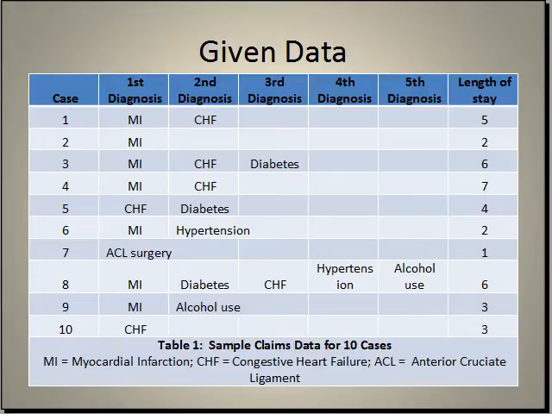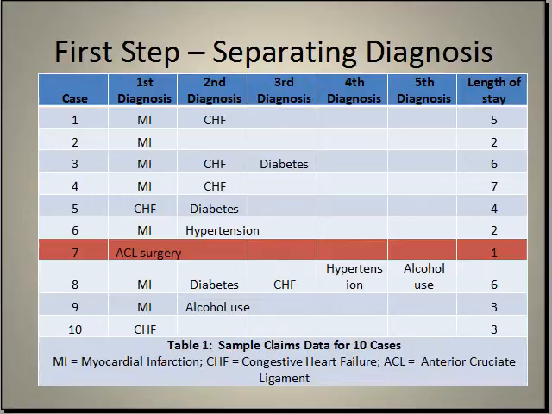As seen in the table above, we have different types of diagnoses such as MI, myocardial infarction, CHF, congestive heart failure, ACL, hypertension, alcohol use, etc. The first, in calculating, we will eliminate the ACL surgery as seen here because it is a non-interacting diagnosis and it will be analyzed separately.